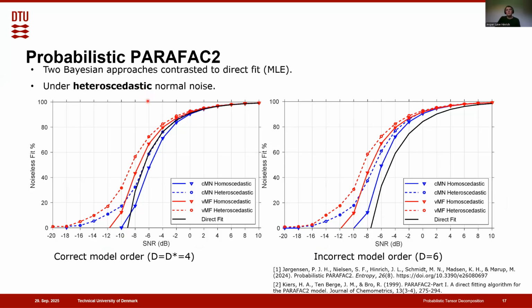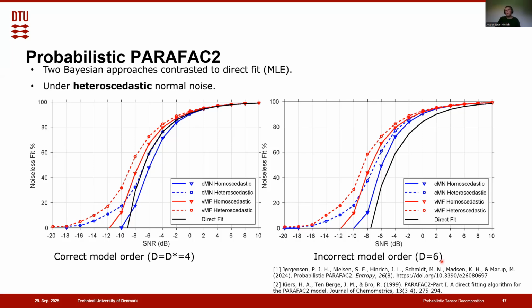If you also change the noise assumption, which is not exactly fair because the direct fit model has a homoscedastic noise assumption, you can see that if you have the correct model order, they're still kind of good, but as soon as you hit lower noise levels or higher noise levels, you really see that you should model this noise.